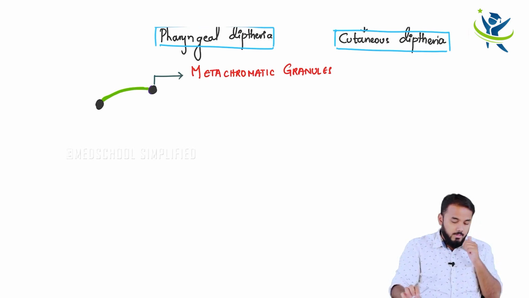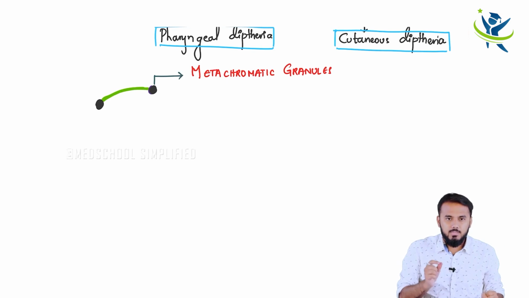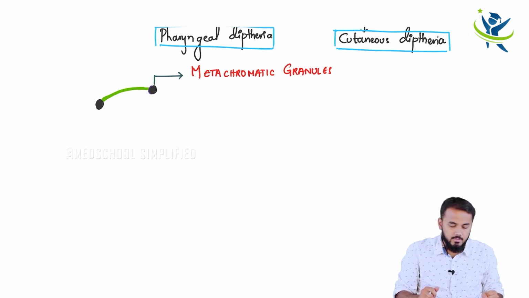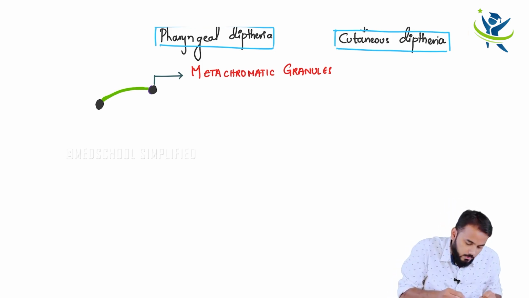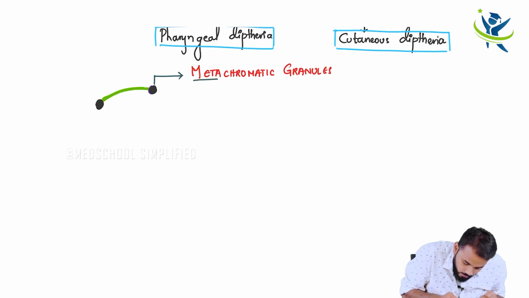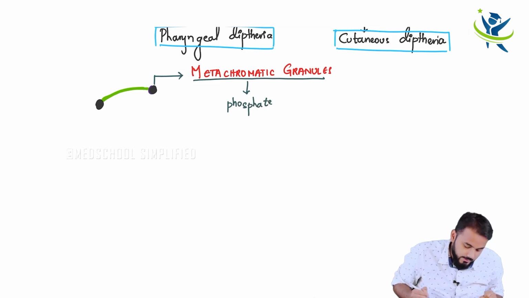Okay, so you understood the meaning of metachromatic granules, right? Now you can ask me, what is exactly located in these granules? These metachromatic granules have phosphate in them.